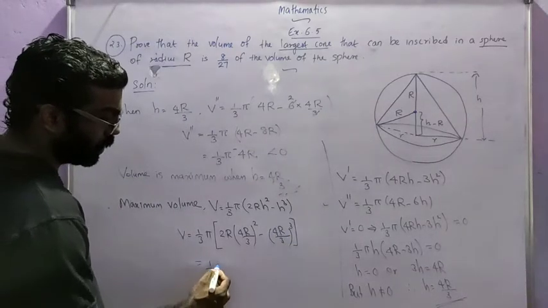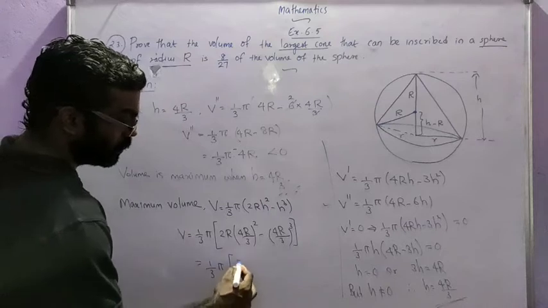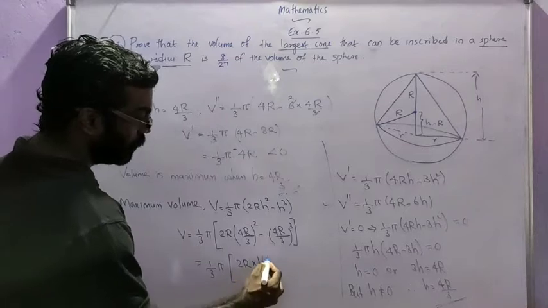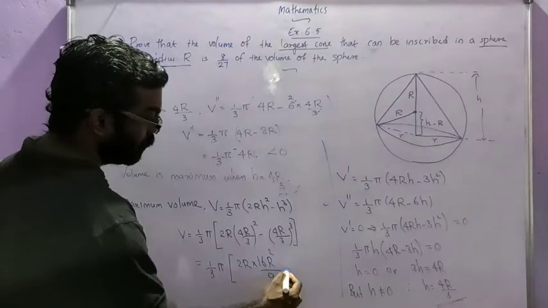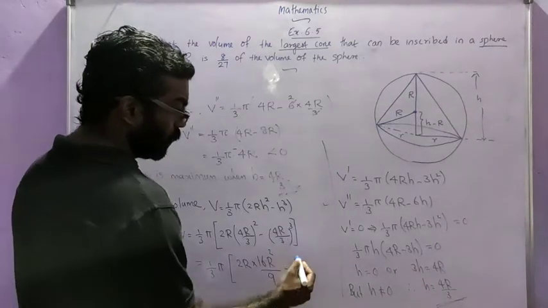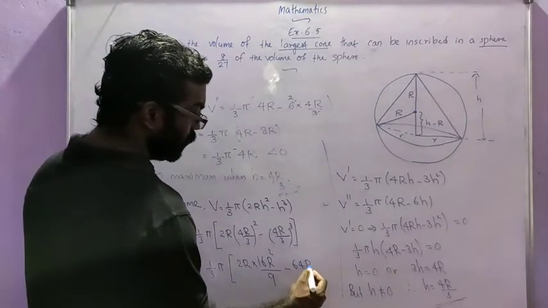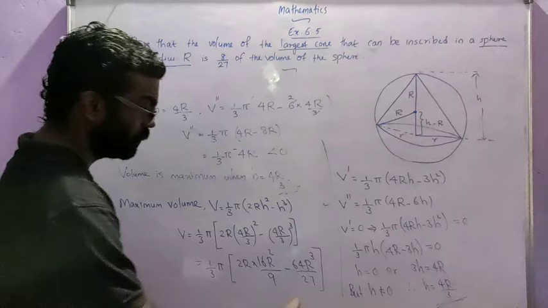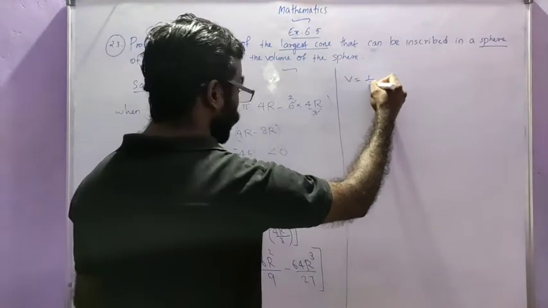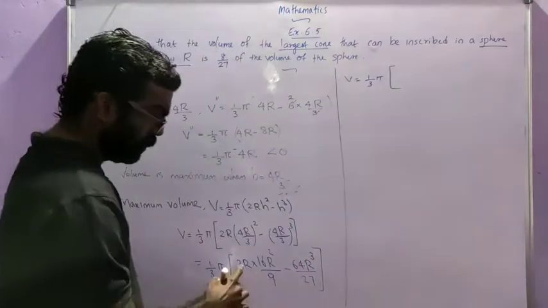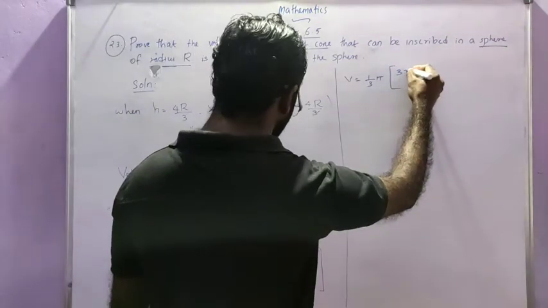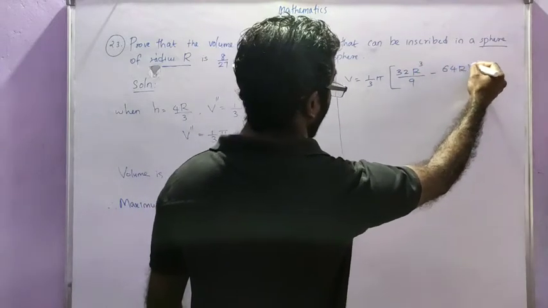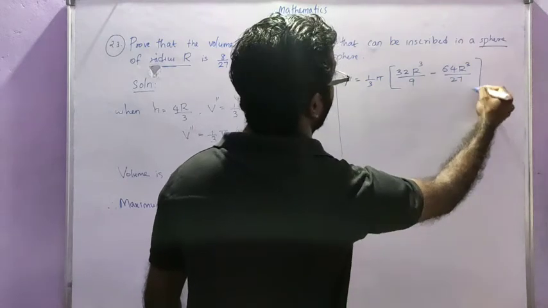That is 1 by 3 pi into (2R into 16R square by 9, then minus 64R cube divided by 27), which is equal to 1 by 3 pi into (2 into 16, 32R cube divided by 9 minus 64R cube divided by 27).